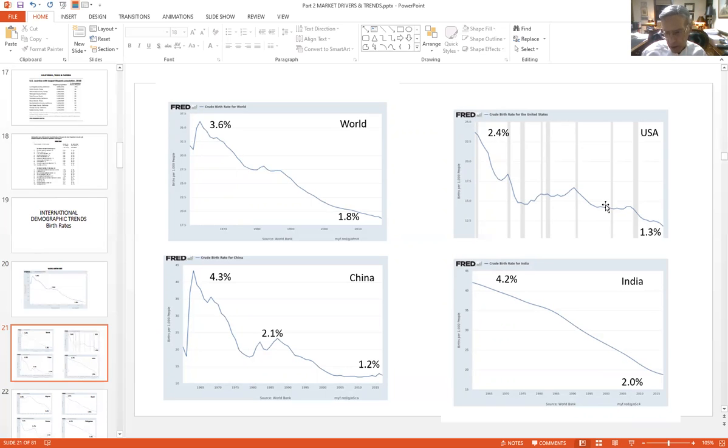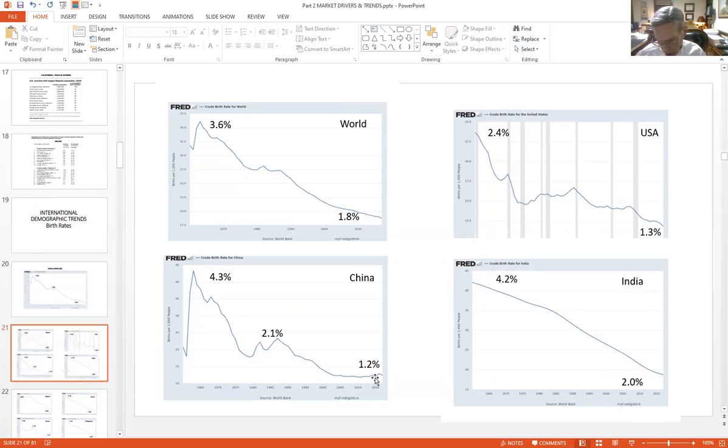What's going on? And for those of you who are students of political science, you know that a few years ago, China introduced the one-child policy. And so 1.2 births per 100, that's just about the one-child policy.